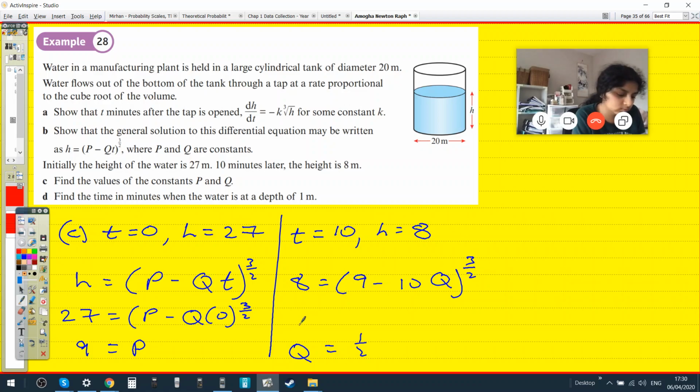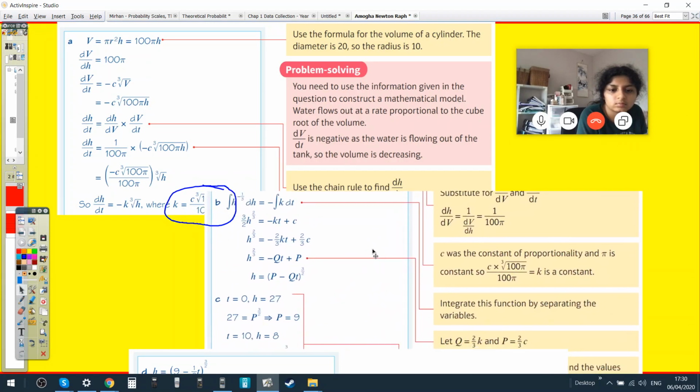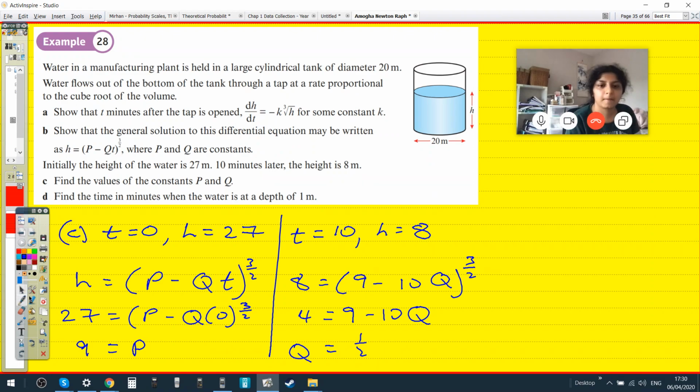Cube root both sides, you get 2. Square it, you get 4. 4 is equal to 9 minus 10q. Q is equal to a half. Looks good to me. And that is question C. Q is a half and P is 9. Great. And D.